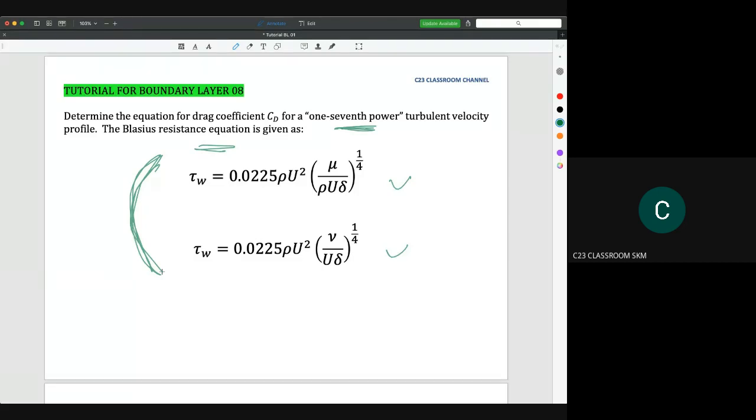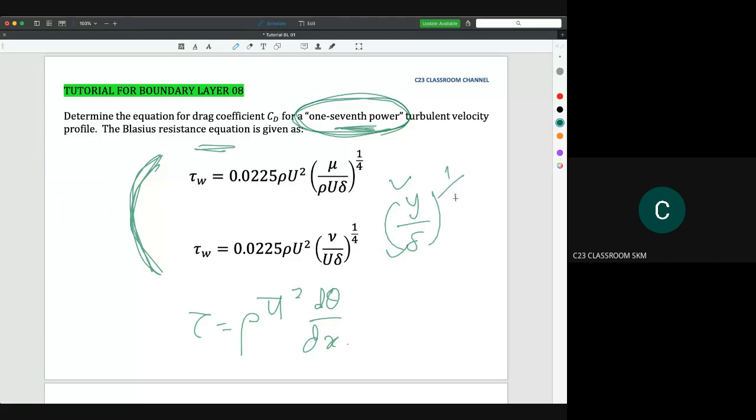Then you equalize with the shear stress that you get from von Karman. So tau is equal to rho u square d theta dx. In this question, the question wants to ask you about the 1/7 power law, which is y over delta to the power of 1/7.